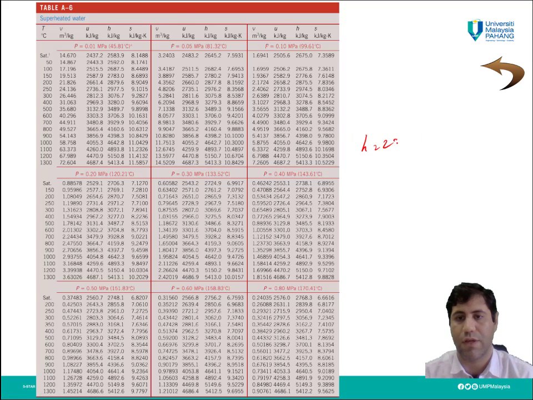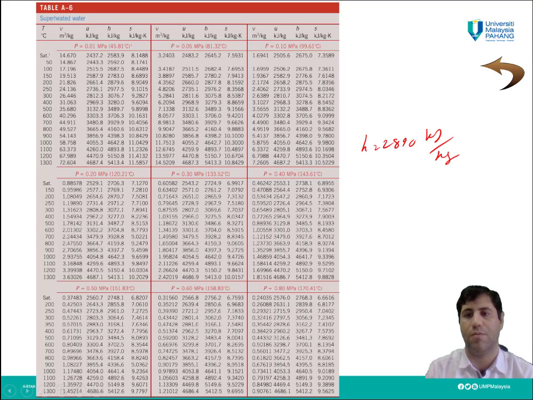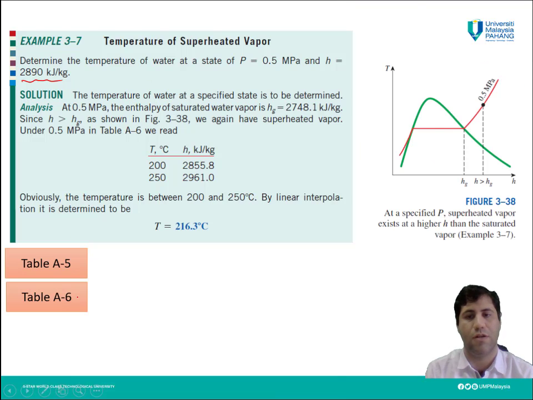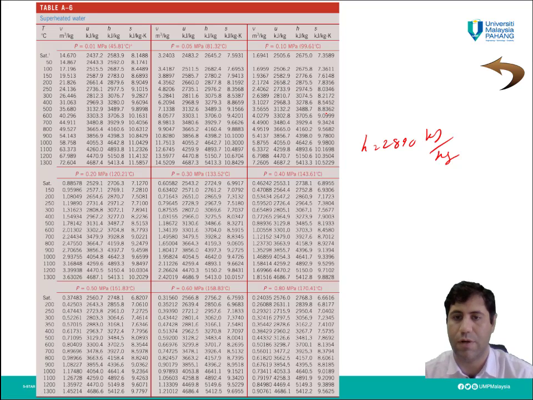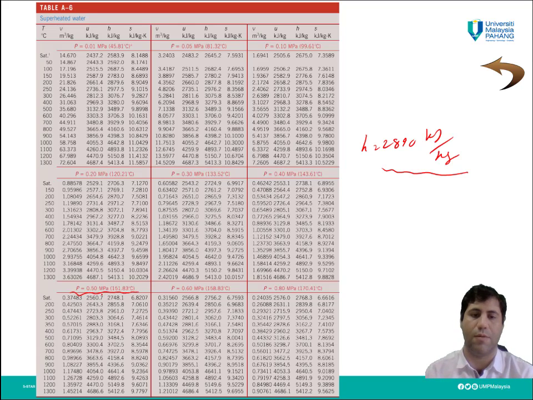H was 2890 kilojoule per kilogram. Just double check if I am right. 2890 kilojoule per kilogram. Okay, this is our H, and the pressure which we have is 0.5 megapascal.